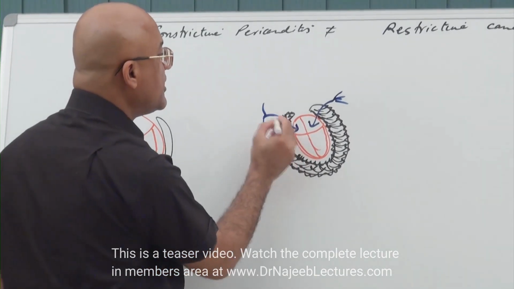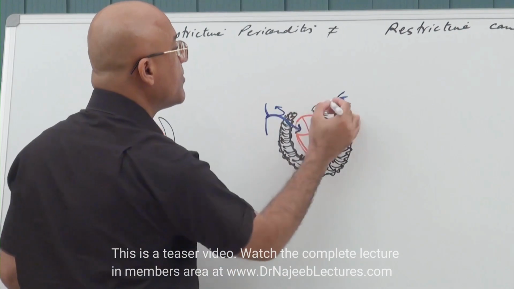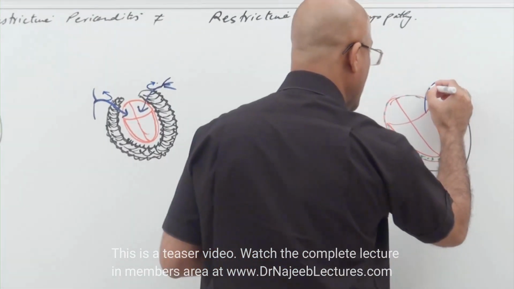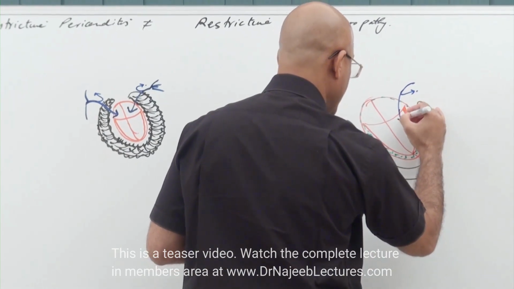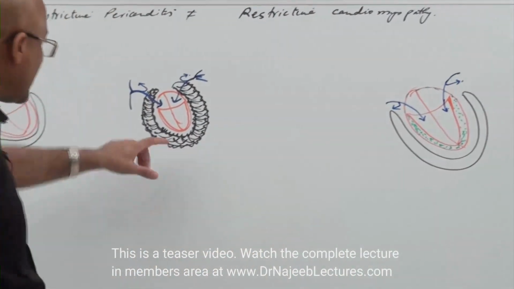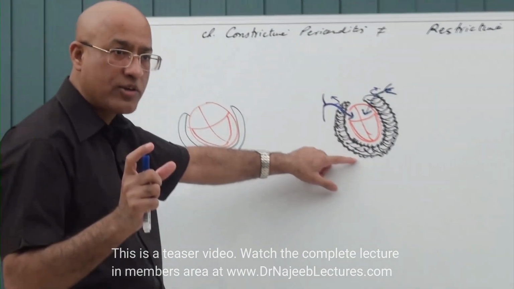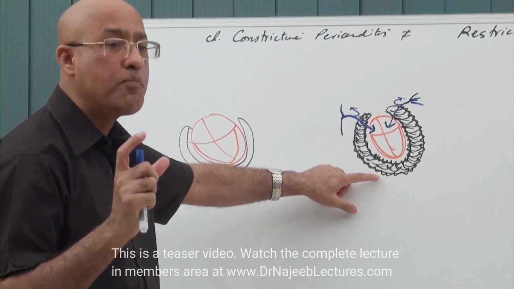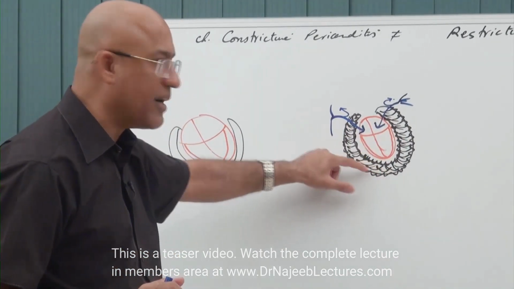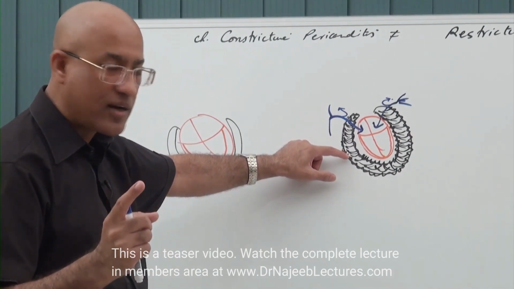Here also there is resistance to the entry of the blood filling. The difference is that in constriction the biventricular diastolic filling is impaired due to external compression on the myocardium by the thick fibrotic pericardium.